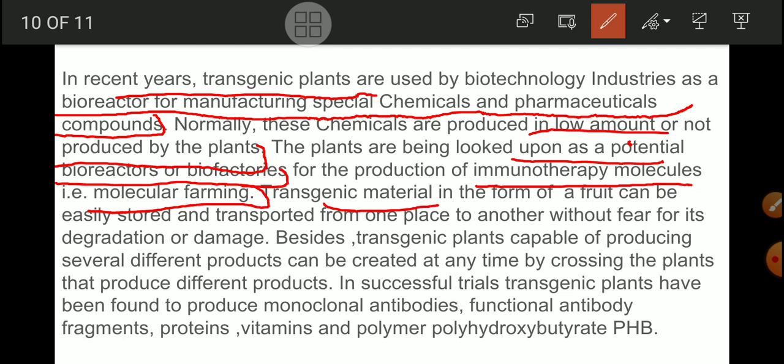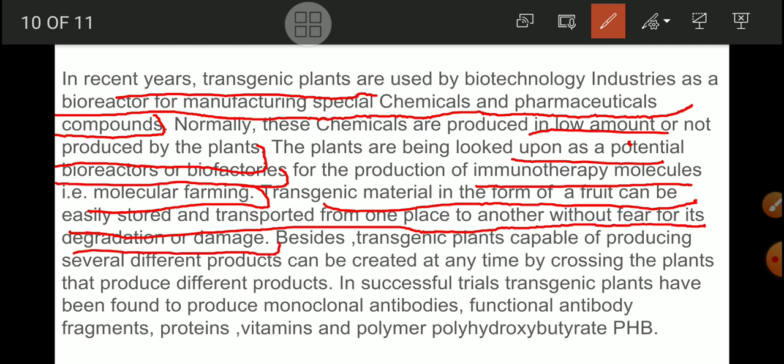So, transgenic material in the form of a fruit can be easily stored and transported from one place to another without fear of degradation or damage. My friends, you might know that in the case of Covishield or Covaxin, these vaccines have a lifespan. Once produced in the industry, they are to be used within a specific period.